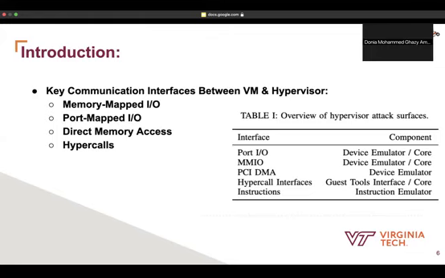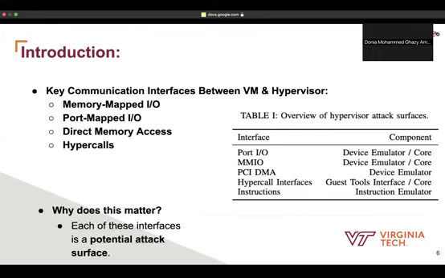Direct memory access, the DMA, allows a device to directly read or write memory without involving the CPU. And hypercalls are similar to system calls but used by the VMs to request privileged operations from the hypervisor. So why does this matter? Each of these interfaces is a potential attack surface that we really need to take into consideration, to make sure that each interface is secure.